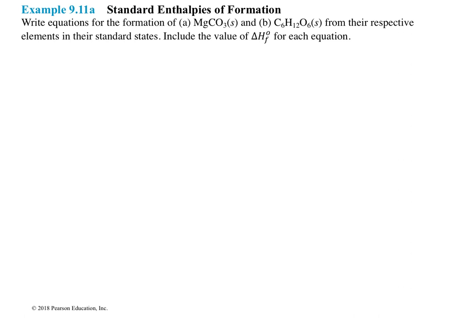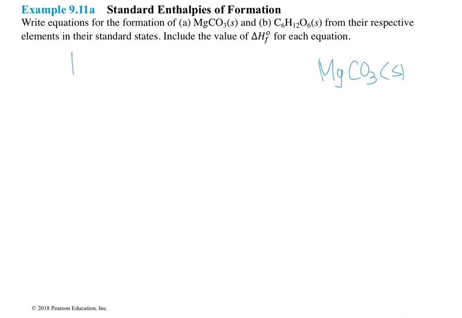So how we draw it is when we write these equations for the formation of these compounds, they're our product. So we're going to be forming one of them. So starting with magnesium carbonate, solid. I want to look at all of the atoms and elements that magnesium carbonate is made out of. So it's made out of magnesium.